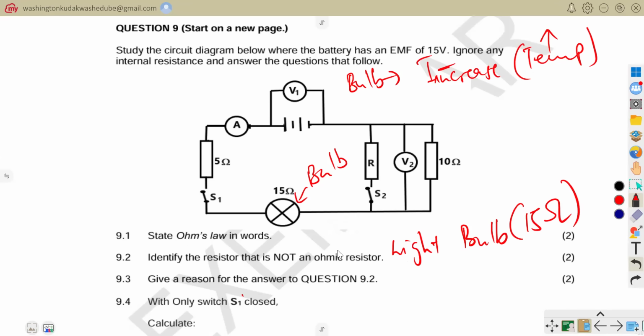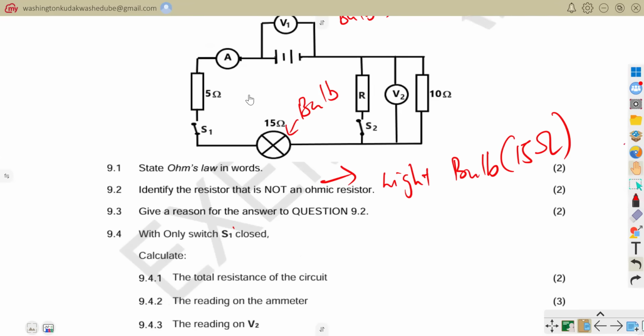So they just said identify a non-ohmic resistor. This symbol represents a light bulb. If you had a symbol that represents a diode, you would also say a diode, because those do not obey Ohm's law.